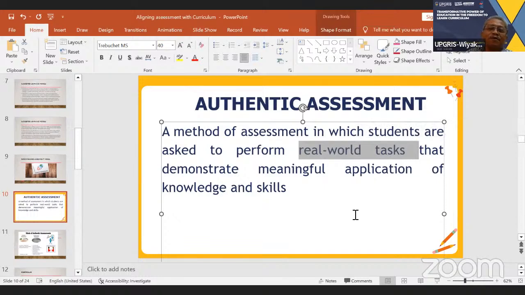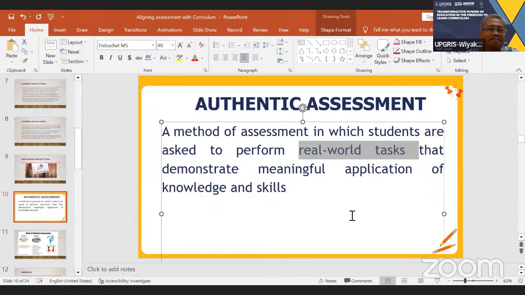What is meant by real-world tasks? These are the tasks which correspond to the real world. What is meant by the real world? These are the tasks which are required in the community, outside the classroom, not only in the classroom.